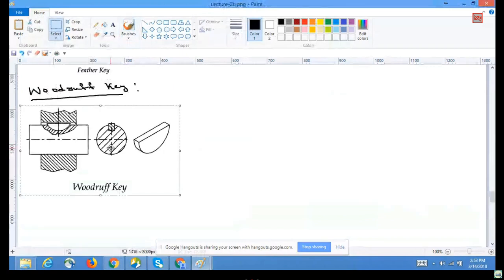If you look through the cross section, you can see the cross section looks rectangular, but it would be something like this, where it is a kind of a semicircular disc with a uniform cross section.